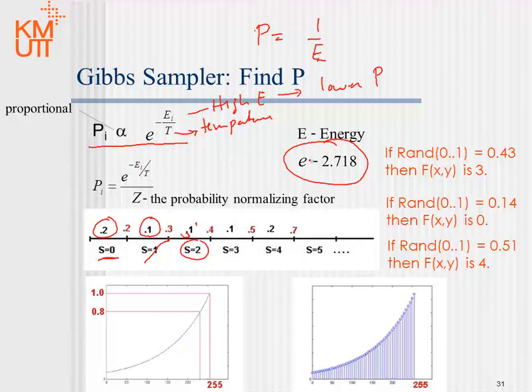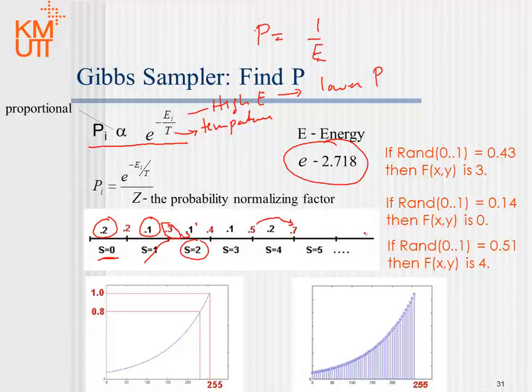So in this example, state 0 has a 20% chance. State 1 has a 10% chance, state 2 has a 10% chance, state 3 has a 10% chance, state 4 has a 20% chance. Basically, we keep adding them up. This is 0.2 for the first state. Then we add 0.1, it becomes 0.3. Then we add 0.1, we get 0.4. We add 0.1, we get 0.5. We add 0.2, so 0.5 becomes 0.7.